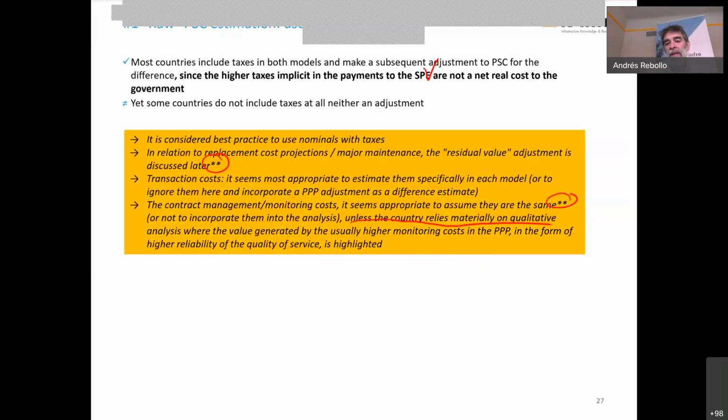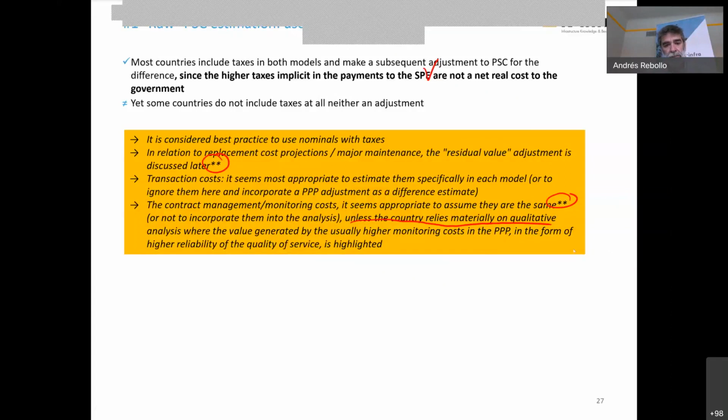However, if there is in the methodology of the country a very clear space for qualitative assessment, maybe I should reflect the true reality of costs and then qualify this with a very strong statement in favor of the PPP. Okay, but if I'm not relying on qualitative assessment, as is happening in many countries, I would remove the impact of the different profile of the cost for monitoring.